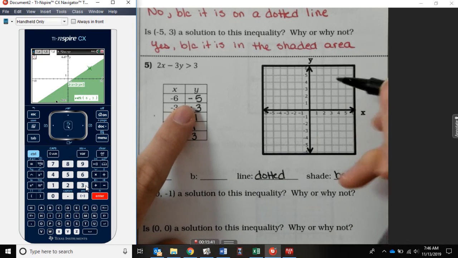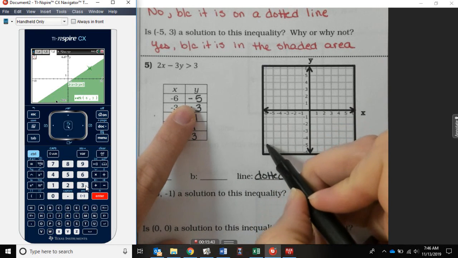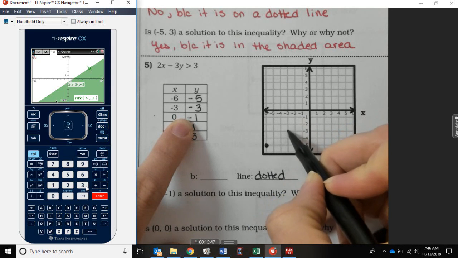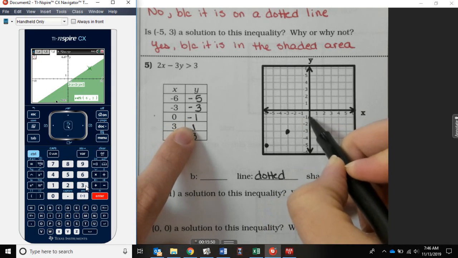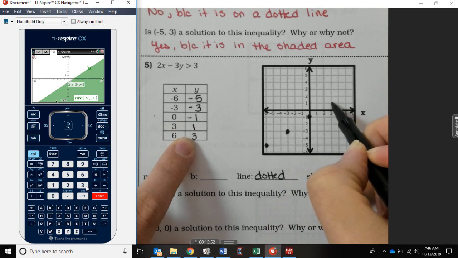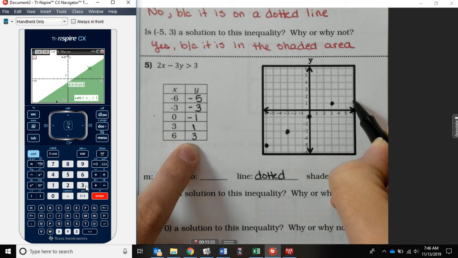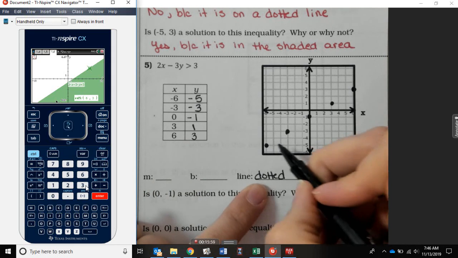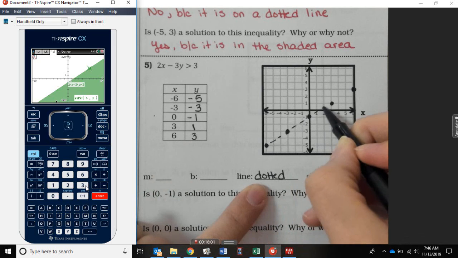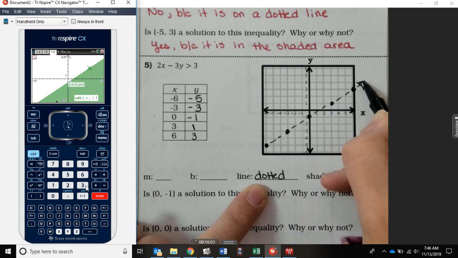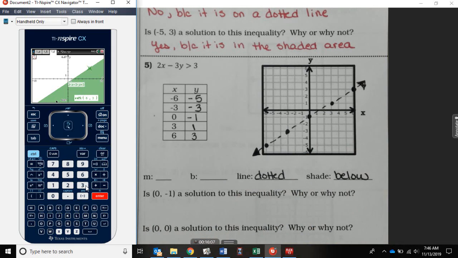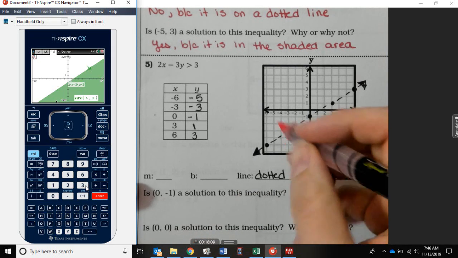Okay, let's plot these. -6, -5, -3, -3, 0, -1, 3, 1, and 6, 3. And this line was also dotted, or dashed, however you want to look at it. Put arrows on the end. Okay, it is shaded below, so we're going to shade down here.